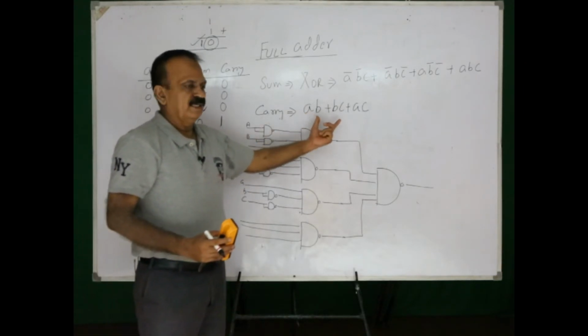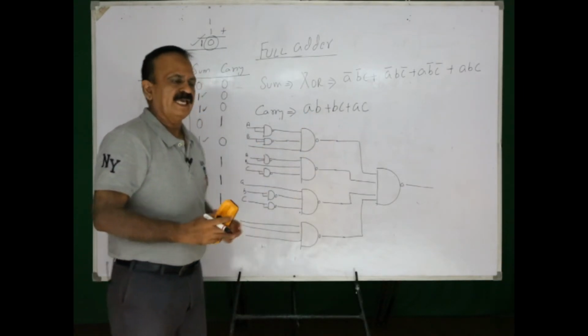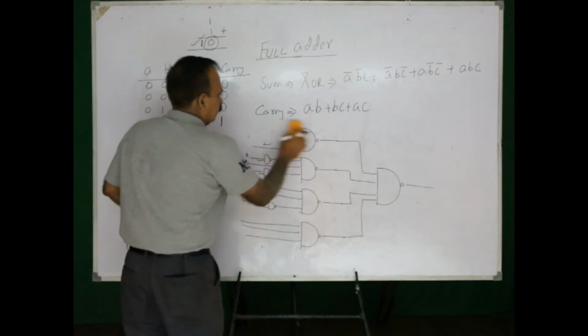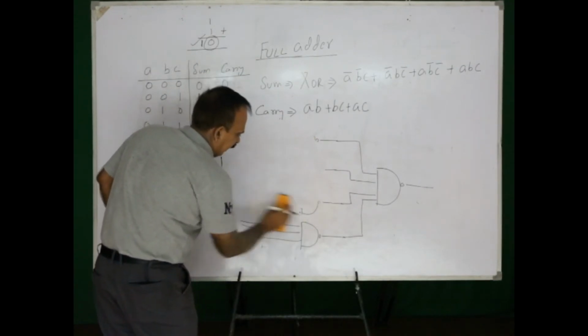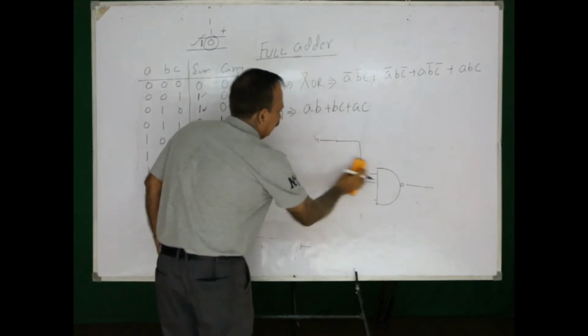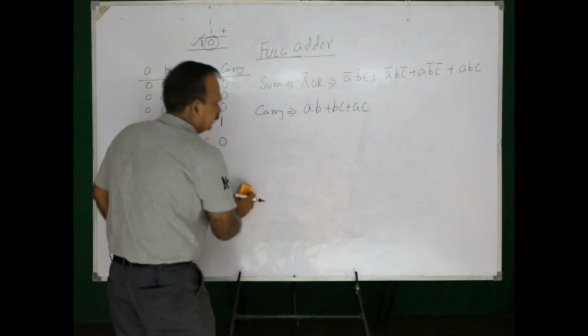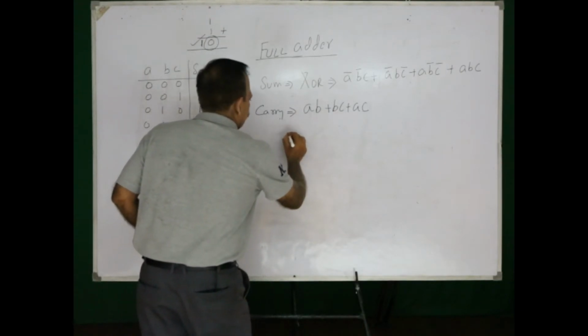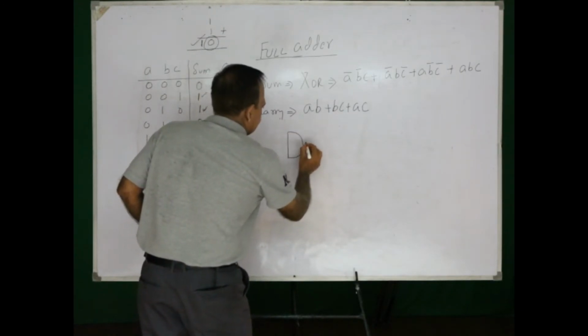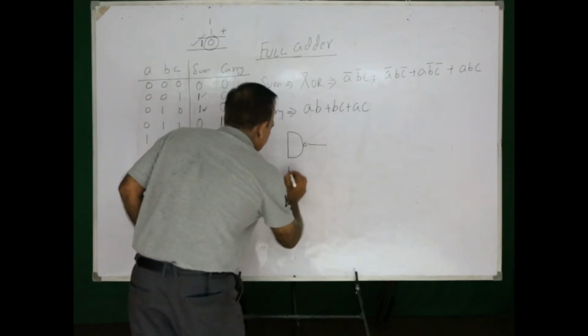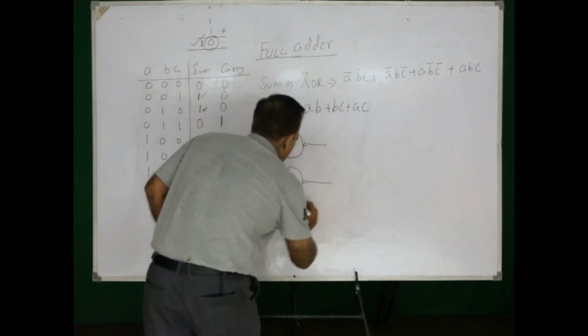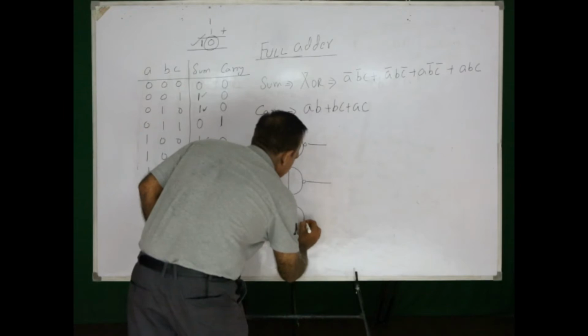I can have a similar circuit for the carry value also. So let it be the expression for carry with the help of NAND gates, and I need 3 NAND gates for multiplications. This is A into B, the next one will be B into C, and the next one again the third expression.